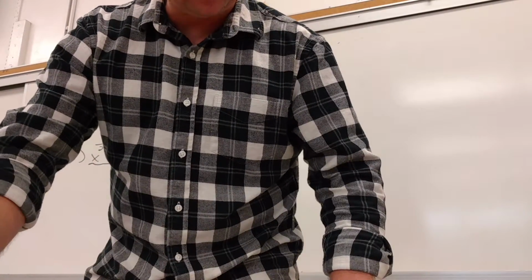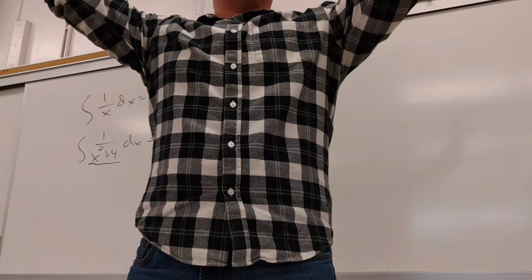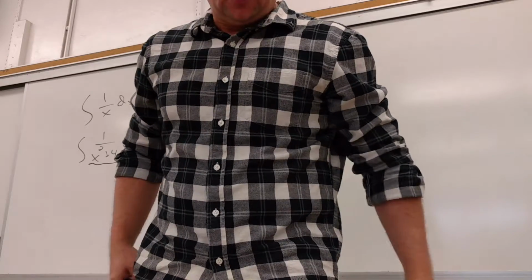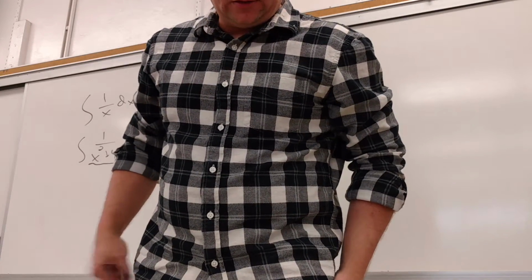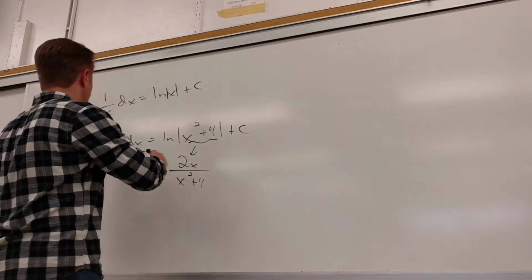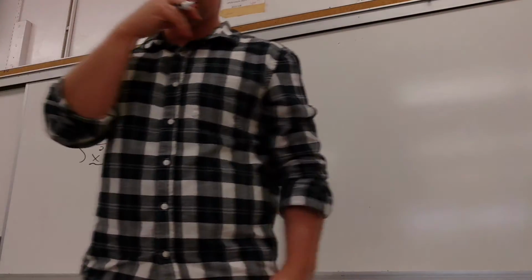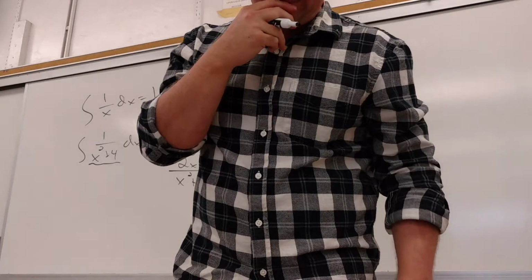On page 398, they got a nice big box full of integrals, antiderivatives, integrals. We know they're the same thing now. So the integral of 1 over x squared plus 1 would be inverse tangent of x. So it would be related to that.